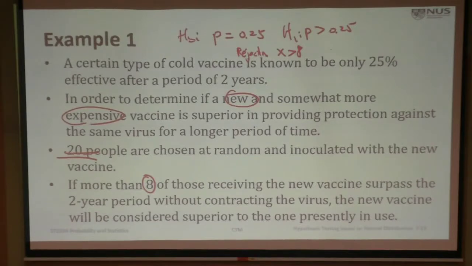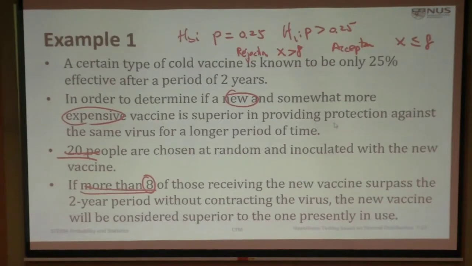The acceptance region is X less than or equal to 8, because here it's stated more than 8, so that's not including 8. So this is the rejection region and acceptance region. Later on we'll talk about how to derive it, but here we specify that.